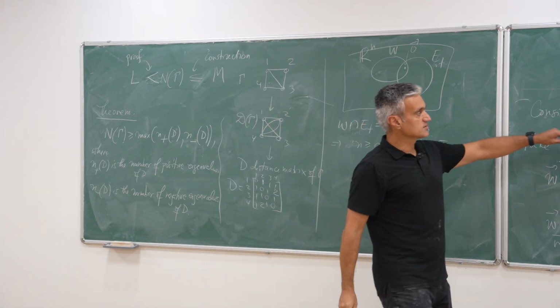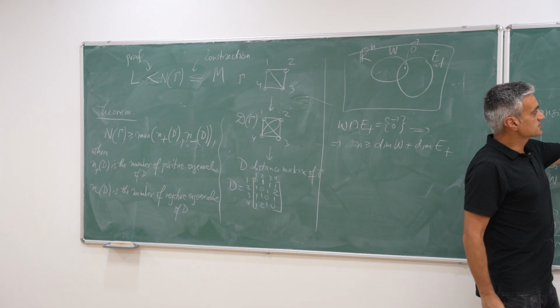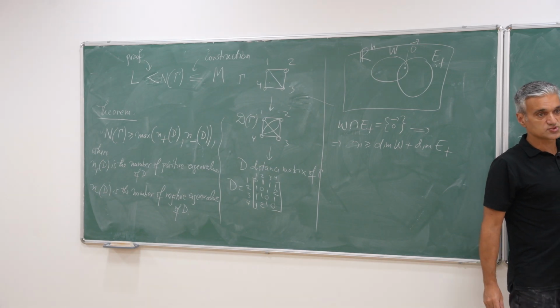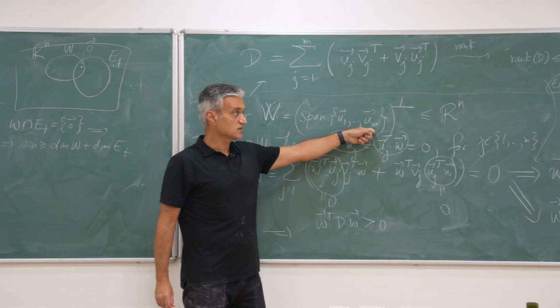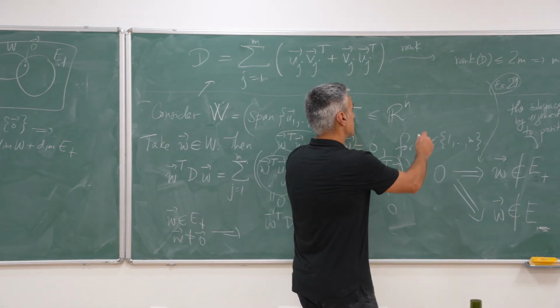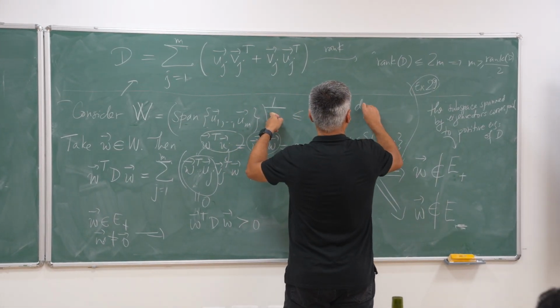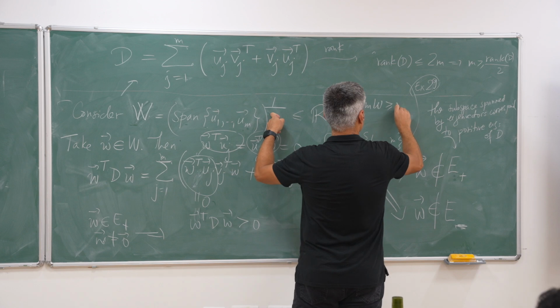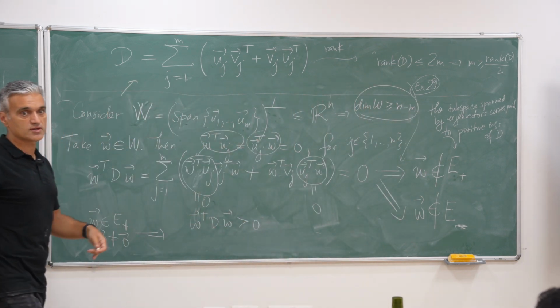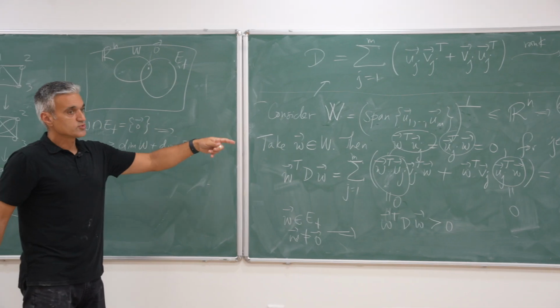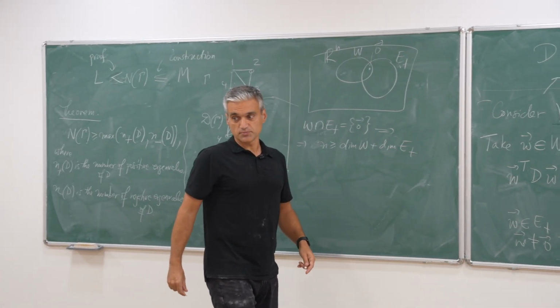Now, what is the dimension of W? Here is a span of m vectors, so it has dimension at most m. If you take the perp, you get that the dimension of W is greater or equal than n minus m, with equality if and only if u1 through um are linearly independent.